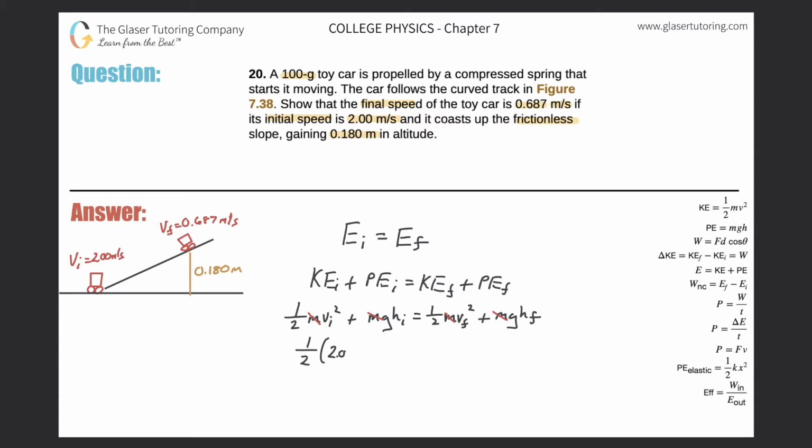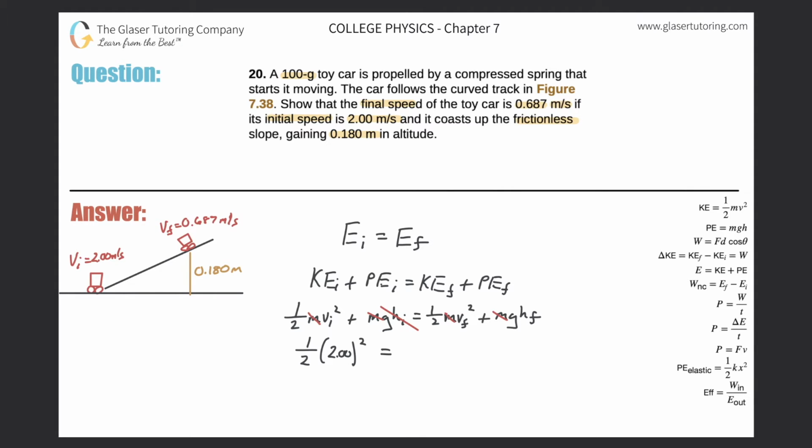So 2.00 squared, plus the gravitational acceleration of 9.80 multiplied by the initial height. But the initial height is 0, because it's on the ground, so this whole term cancels.